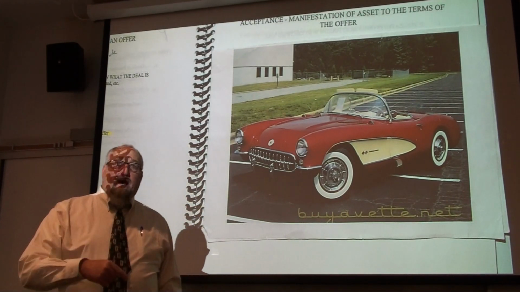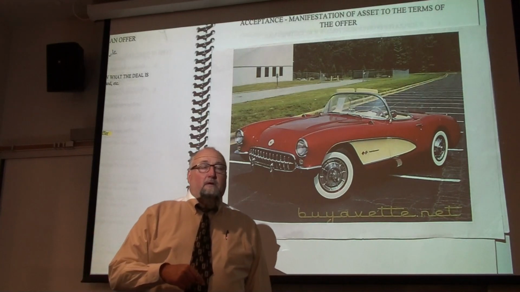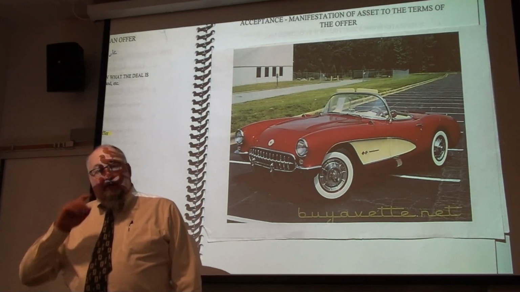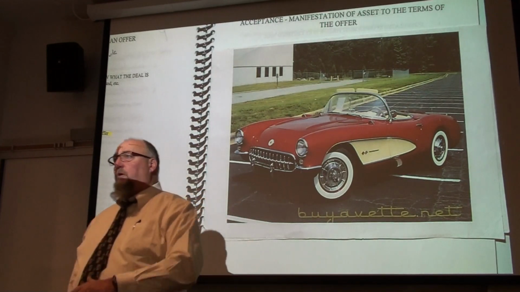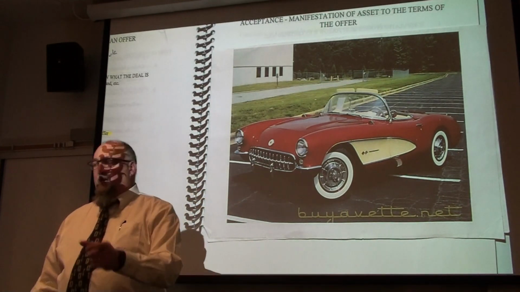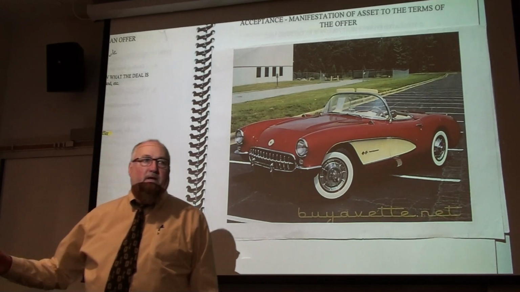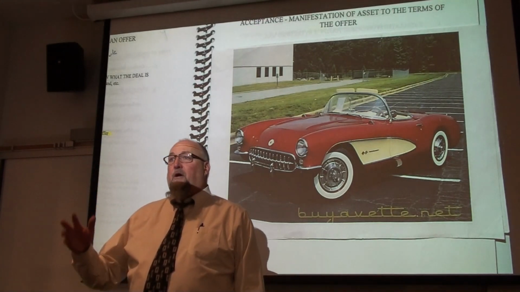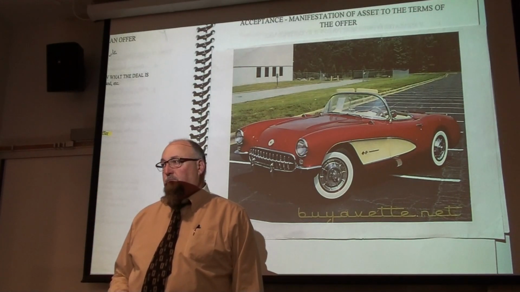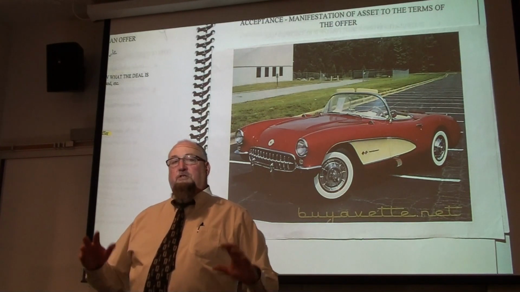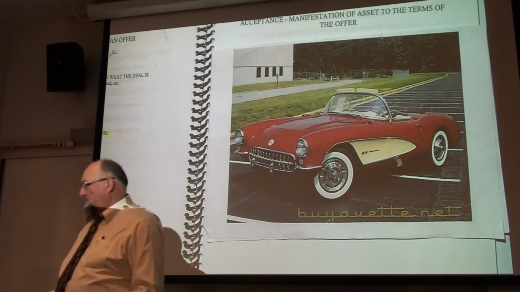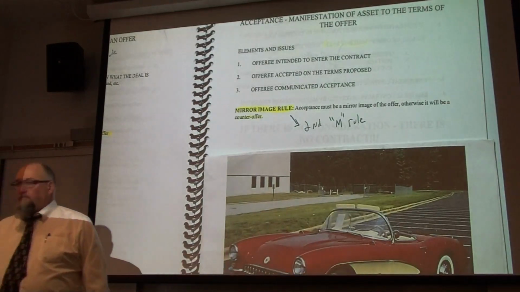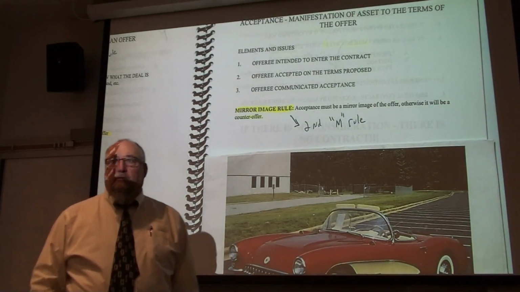So you email me back, I accept your offer, I will bring $50,000 in cash for your 1957 Corvette, vehicle identification number XYZ245, whatever, and I will meet you at Bi-Mart at 4 p.m. on Friday. So did you accept under the mirror image rule? Has to be an exact duplicate.